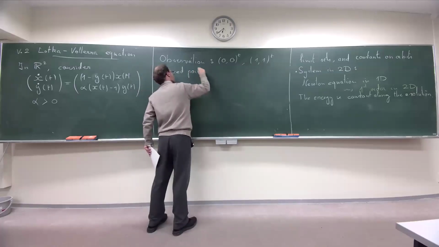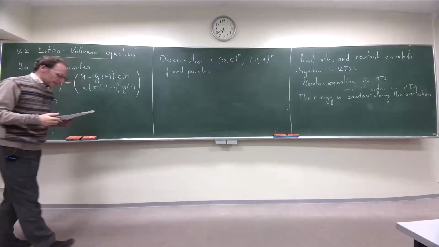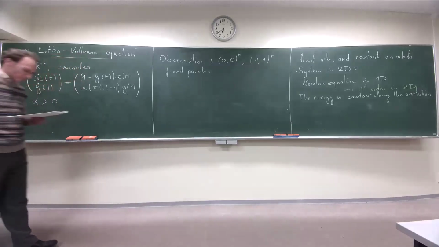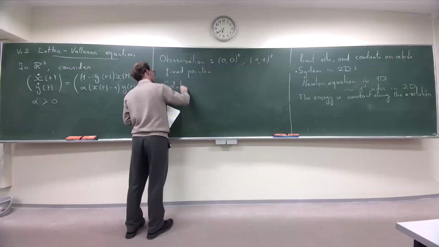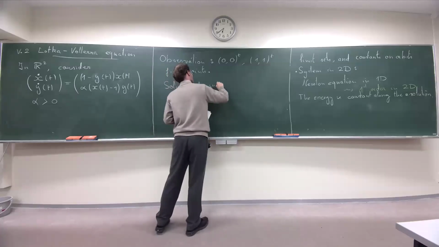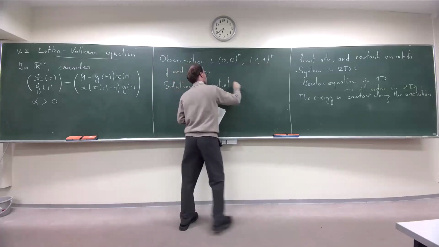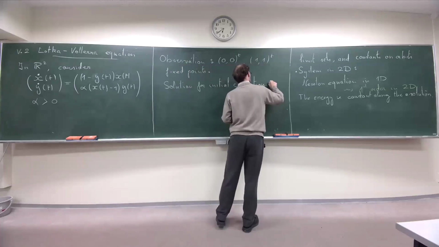But there are other solutions which are easy to get. If we look for a solution for initial conditions, so with two types of initial conditions, we can find a solution.